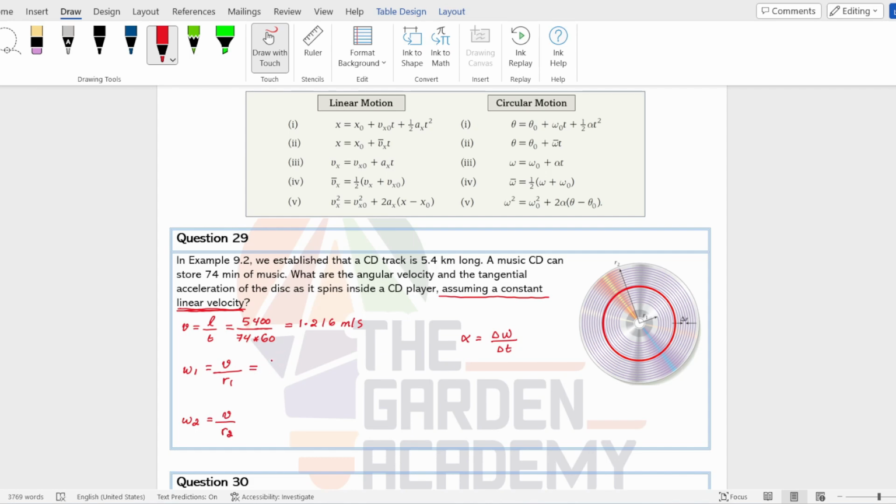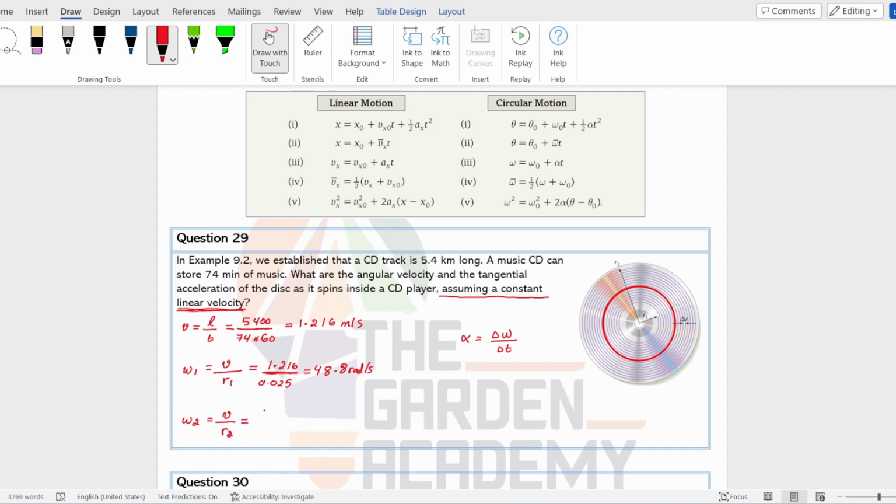Regarding V, we found it to be 1.216 divided by R1, which is the inner radius. I believe it was about 25 millimeters. By converting that value to meters, it's around 0.025. And the answer of this is 48.8 radians per second.